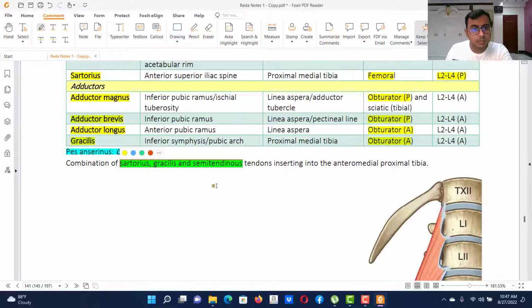Remember that sartorius, gracilis, and semitendinosus tendons insert into the anteromedial aspect of the tibia. That is also called the guy rope muscle. These three muscles act as a rope or stay. It will give greater stability to the knee joint from the medial side.